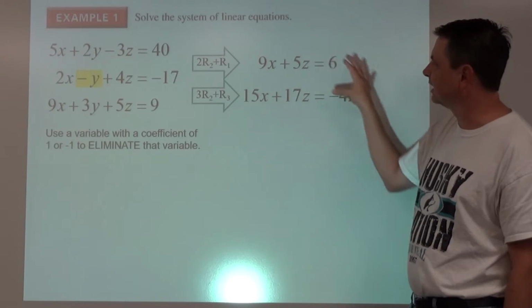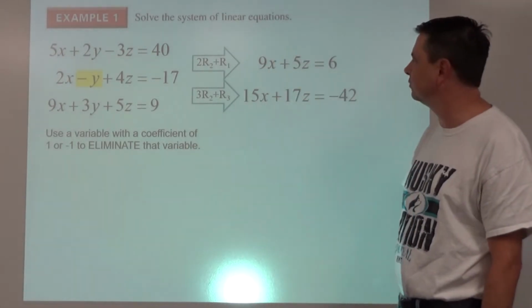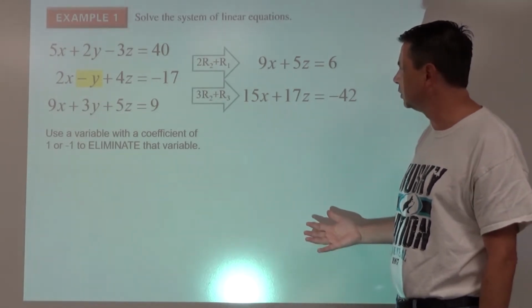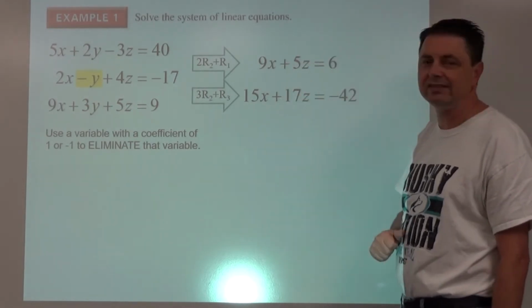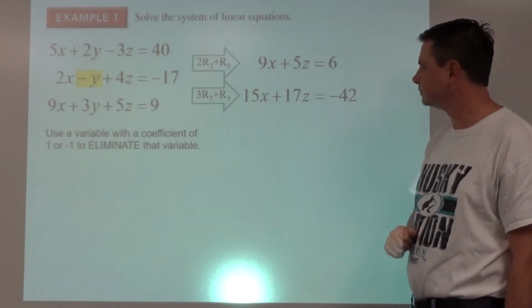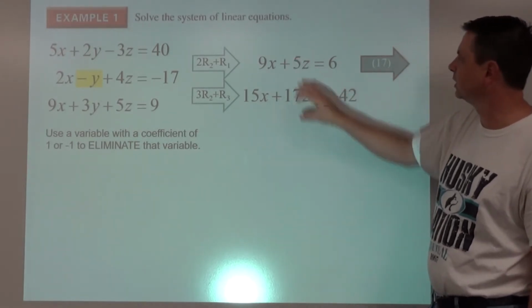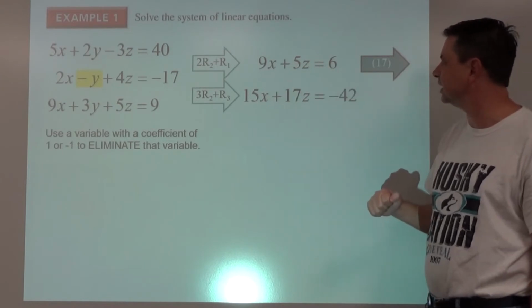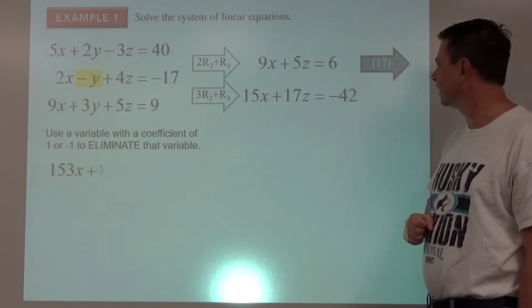Now it becomes a little less obvious as we don't have a coefficient of 1 or negative 1. So we're looking for maybe a least common multiple. And we could really choose to eliminate x's or z's at this point. If we chose to eliminate z's, I might choose to multiply the top one by 17 and the bottom one by negative 5.